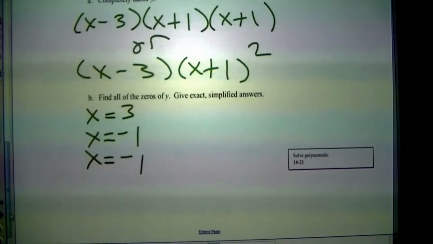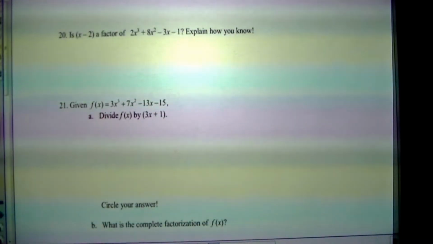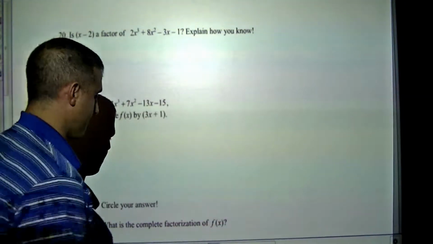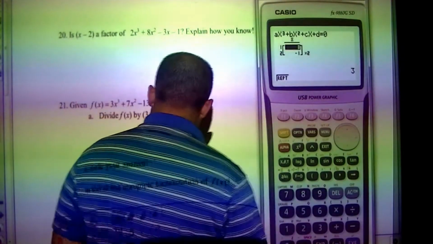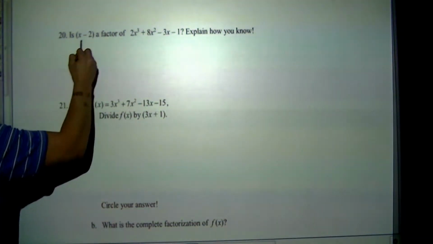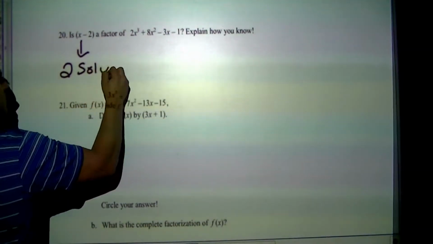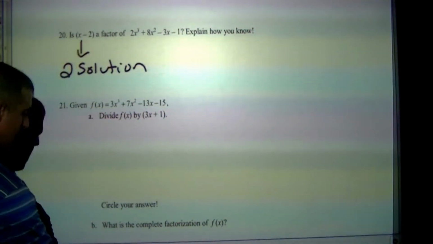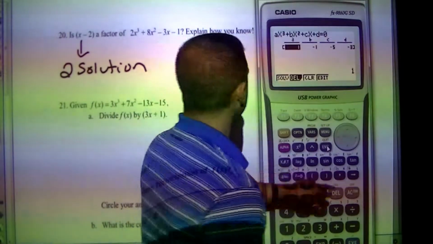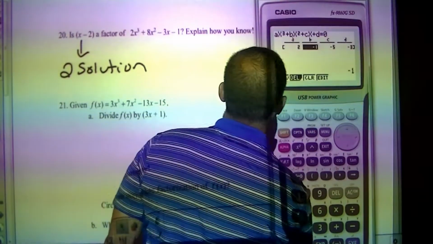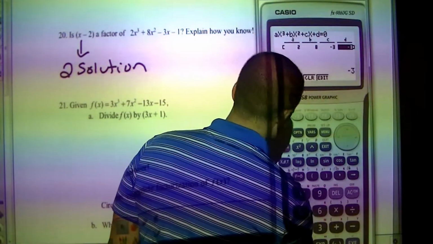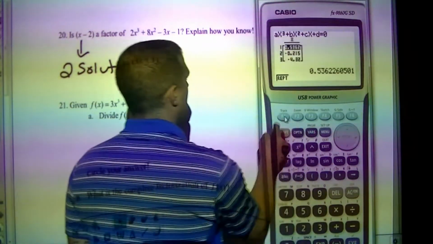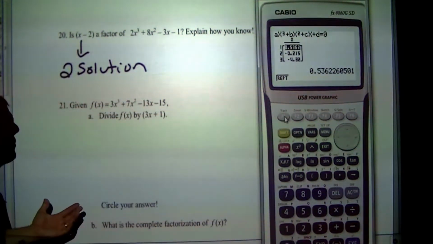Okay? Moving on. Is this a factor? A couple of ways you can know that. If this is a factor, then 2 would have to be a solution. And if 2 is not a solution, that doesn't work. So I'm going to type in 2, 8, negative 3, negative 1, solve, and 2 is not a solution.